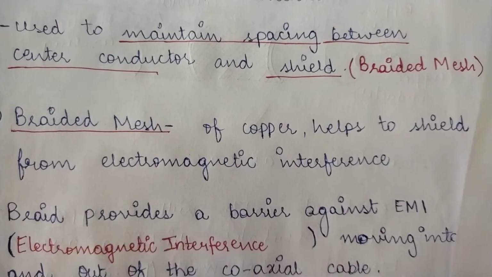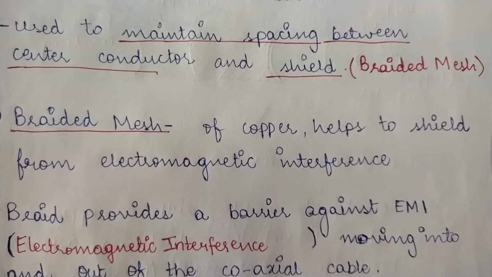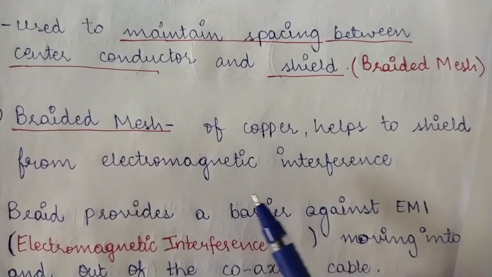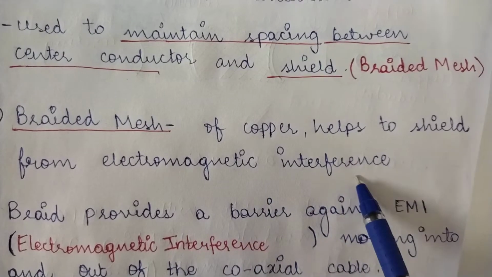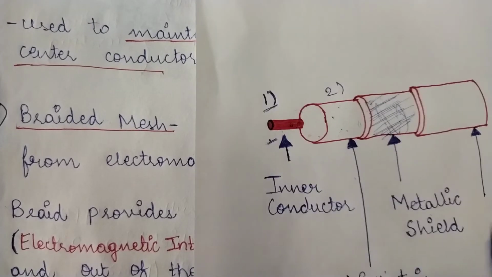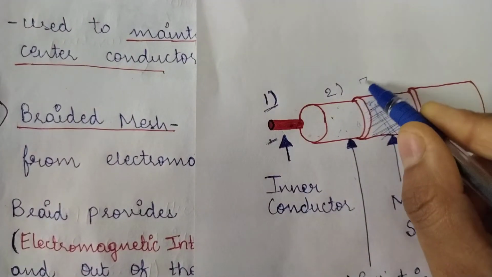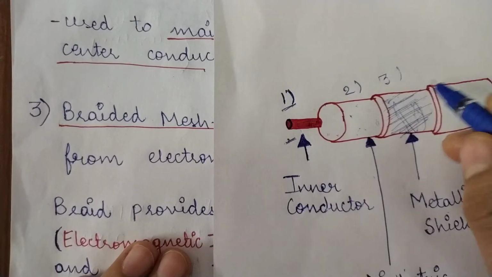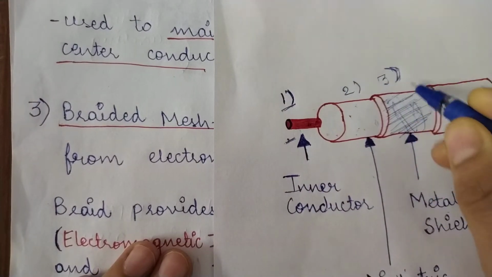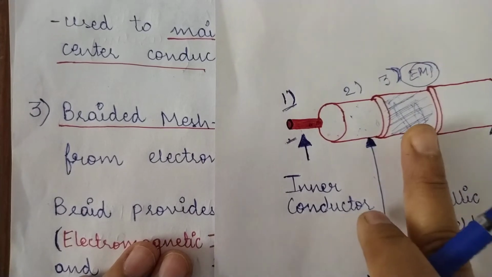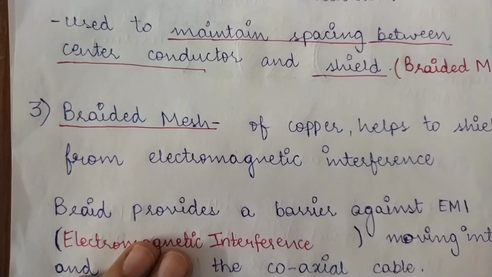Okay, now coming on to the braided mesh. What is this braided mesh? This braided mesh is again made of copper and it helps to shield from electromagnetic interference. Any EMI or electromagnetic interference that you have from outside will be blocked with the help of this particular braided mesh.